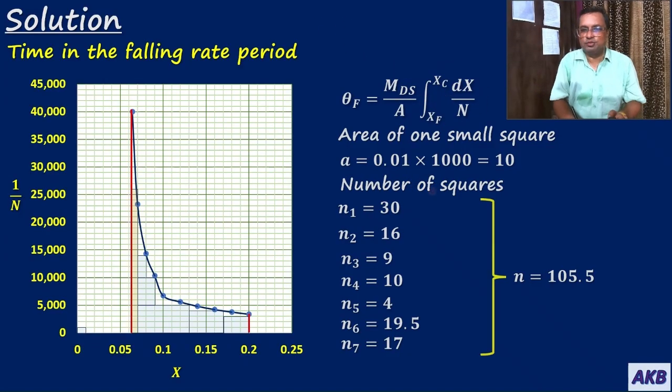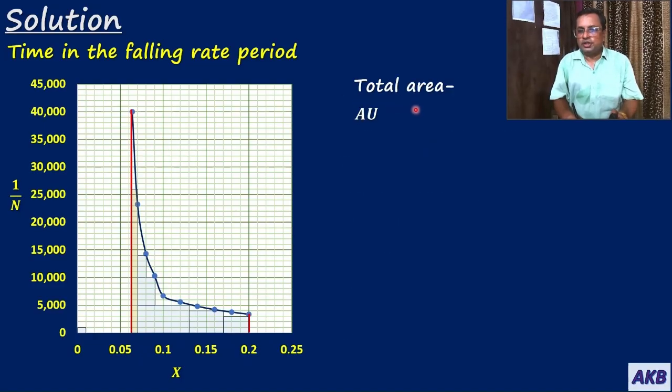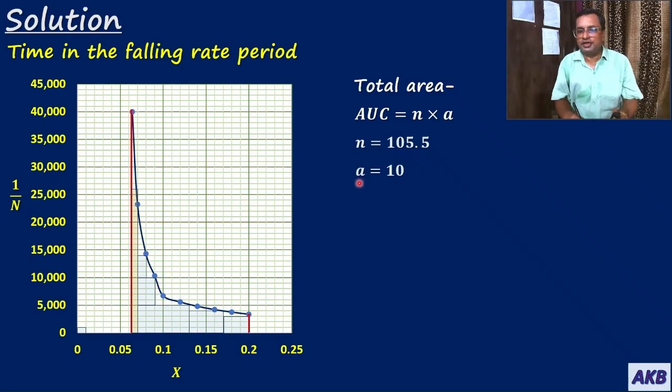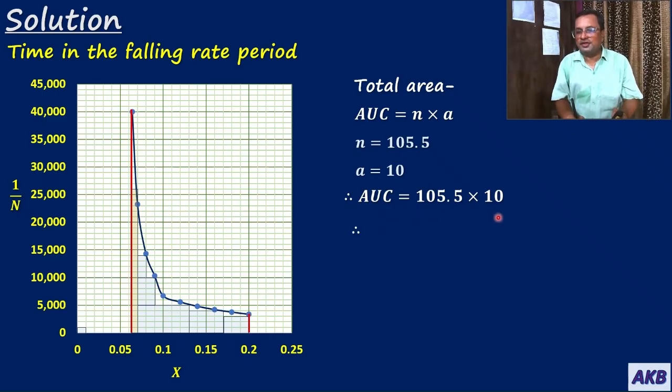So let us move ahead. Now let us get the total area. I am denoting it as AUC, area under the curve, is equal to total number of squares into area of one small square. So the total number of squares we just found out is 105.5, and the area of each square is 10. Therefore the total area under the curve is 105.5 into 10.